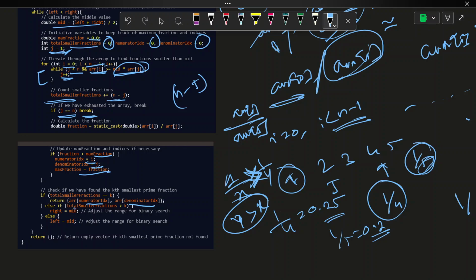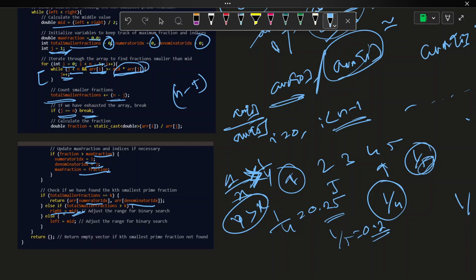Else if suppose the number of smaller fractions is greater than k, that time I have to tighten the limit, I have to decrease the limit. That's why I will shift the right to mid. Got it? And if suppose our number of smaller fractions is smaller than k, that time I have to increase the limit.